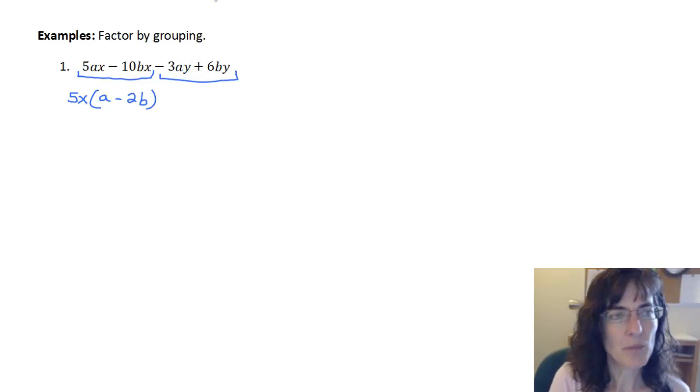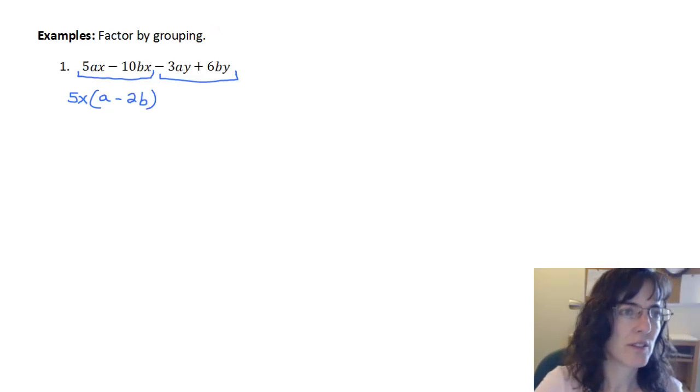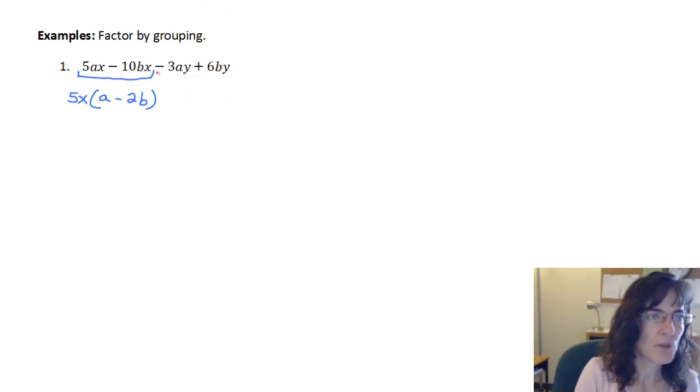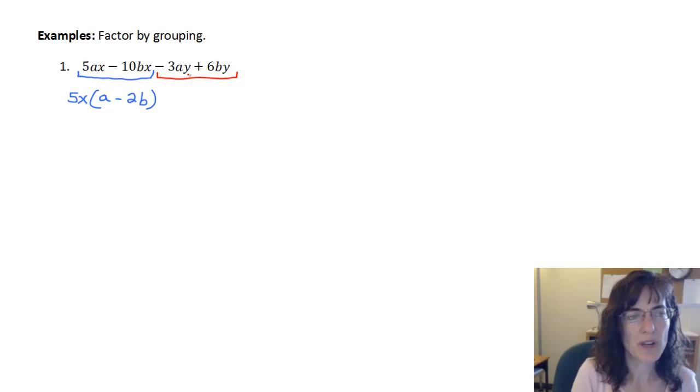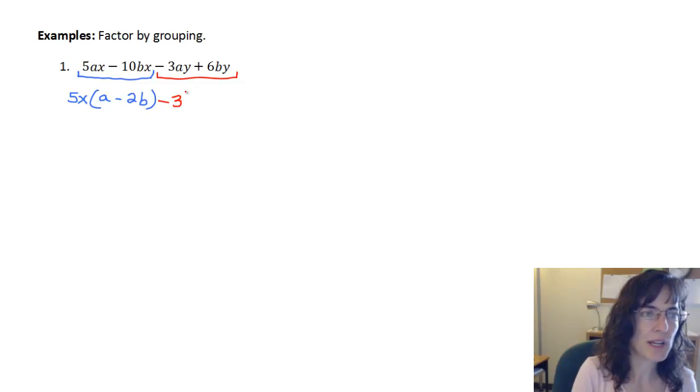And then the second pair, change our little color here maybe. So for the second pair, I'm looking for what can I factor out from negative 3ay plus 6by, and I think a negative 3 will factor out very nicely.